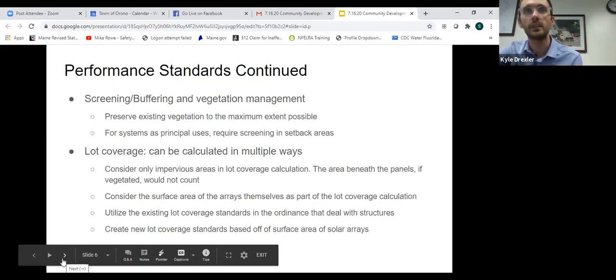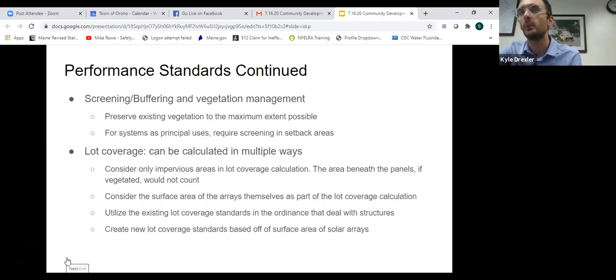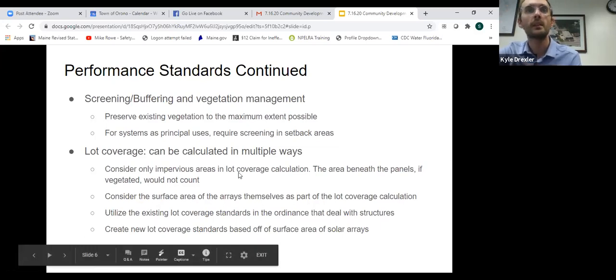Next, lot coverage. Again, like the building height, we already have a lot coverage standard in our ordinance. In general, in most zoning districts, you can't have more than 1/3 of the lot covered in buildings or structures.